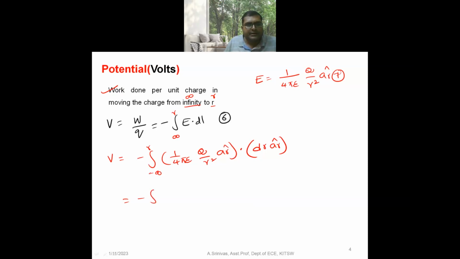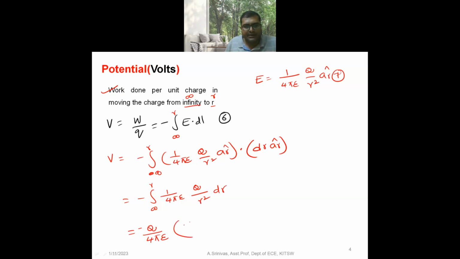It will become minus of integral from infinity to r of 1 by 4 pi epsilon q by r square dr. Once again it is equal to minus q by 4 pi epsilon.